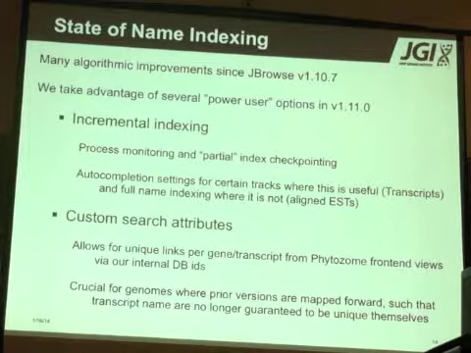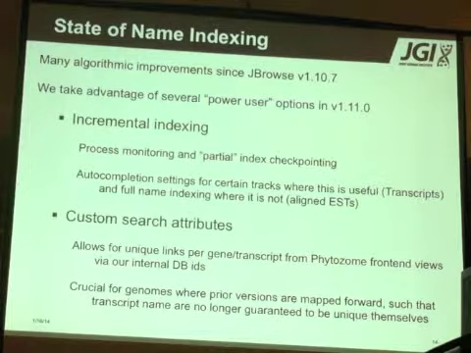And as well, since it's the EST and the BLAST tracks that are by far the largest amounts of data, to build auto-completion for absolutely everything would just mushroom the size of the index to quite a large extent. So we turn off auto-completion for pretty much all of the support tracks and just run it for transcript tracks, and that's working out really well for us.